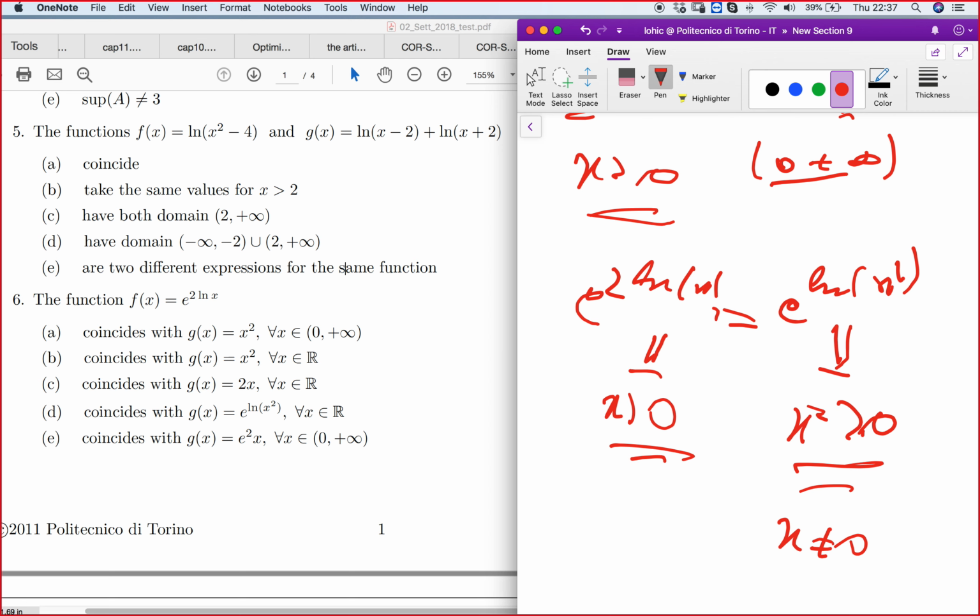This means that they will not have the same domain. So D is false. Okay? Is there any question? And the same, E is obviously false. Okay, doubts?